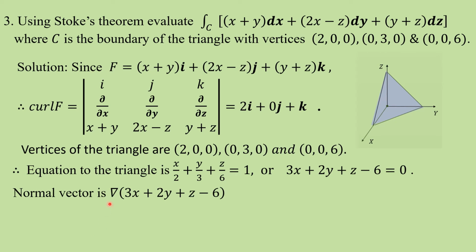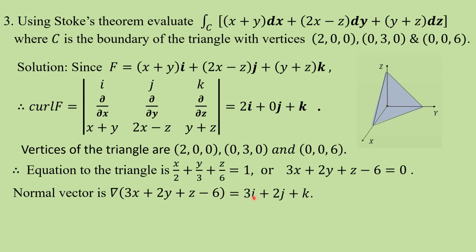So the normal vector is nothing but del of (3x + 2y + z - 6), which is i dou f by dou x plus j dou f by dou y plus k dou f by dou z. Partially differentiating f with respect to x gives 3. So I have 3i, plus the component of j, dou f by dou y, that is 2, so 2j, plus the component of k, partially differentiating with respect to z, that is 1.